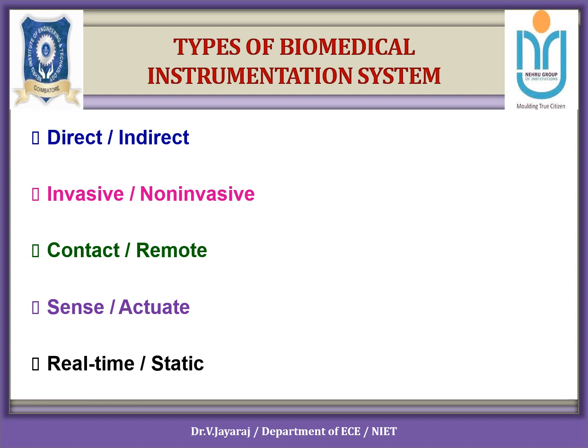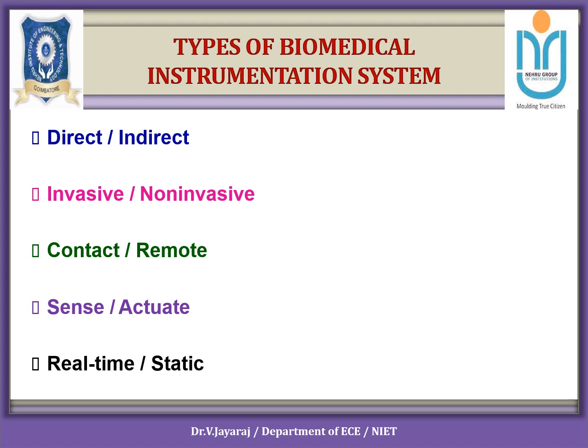High intensity radiation is passed over some area. If you pass X-rays for a longer period, the cells will get destroyed, so it is an invasive technology. But at the same time, ultrasound devices are non-invasive. They don't do any harm.